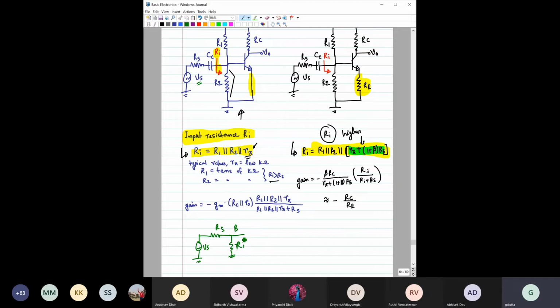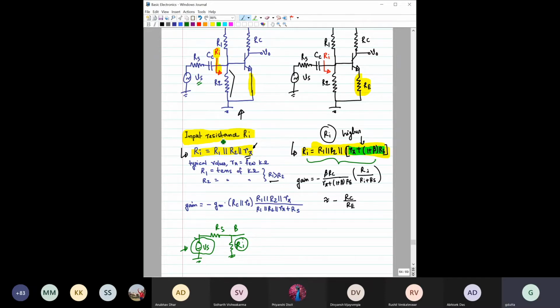So if you now see, if this RI is higher, then what will happen? Then this VS will try to drop completely across this RI, right? So for this case, with emitter resistor, whatever you are applying as an input signal here, the entire voltage will try to fall across this.